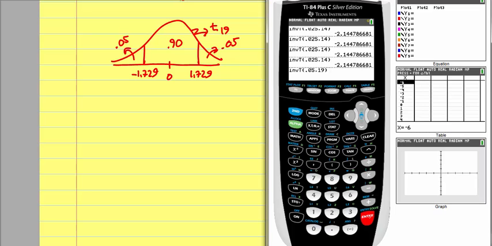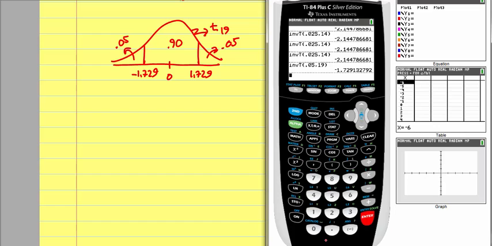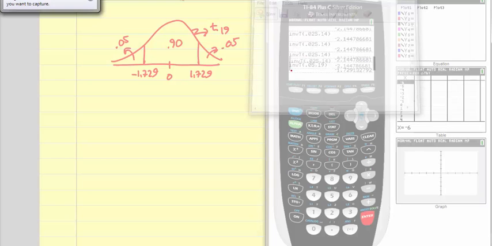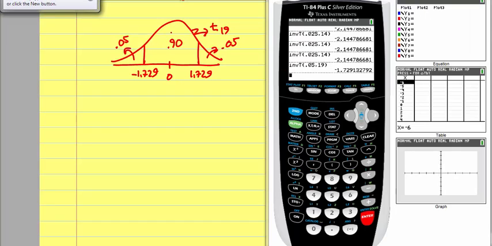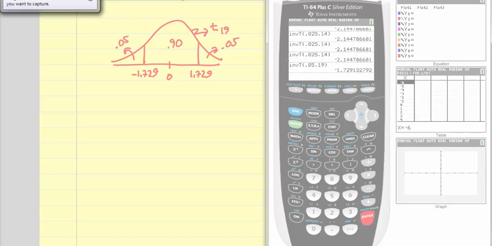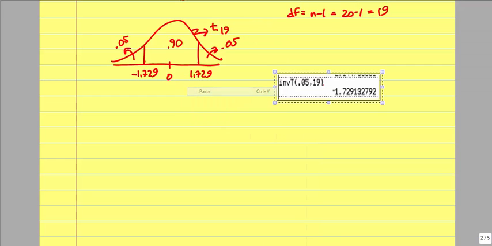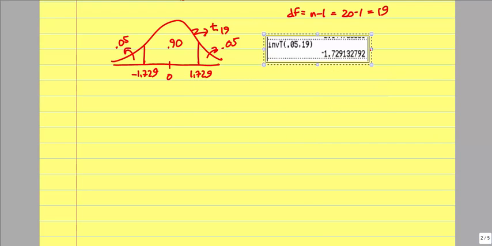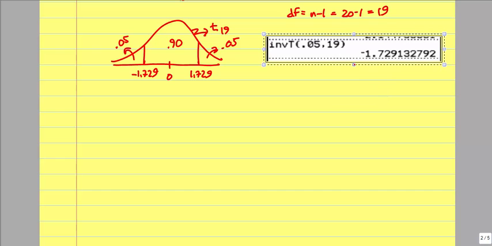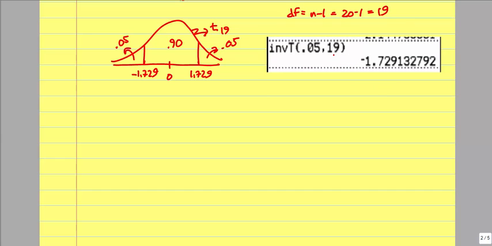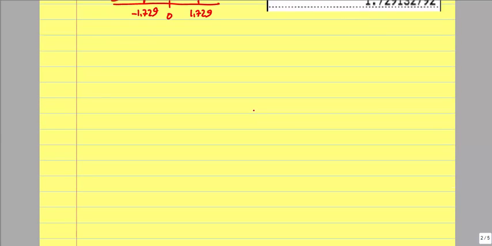And it looks like my inverse t then would be negative 1.729. Well, that looks pretty familiar from what I had with the tables. Again, they won't always be exact, but they should be pretty close. Remember, the area to the left is the first value, and then my degrees of freedom are the second value.